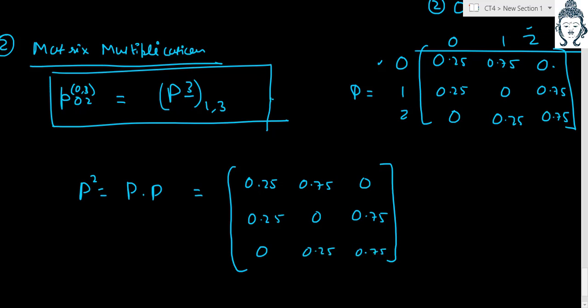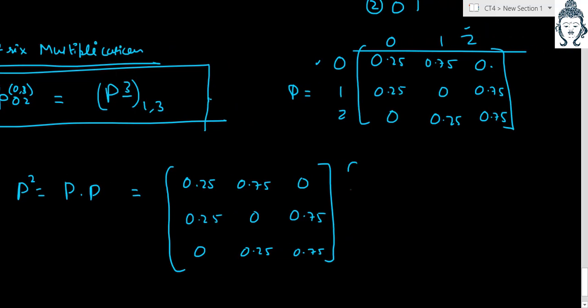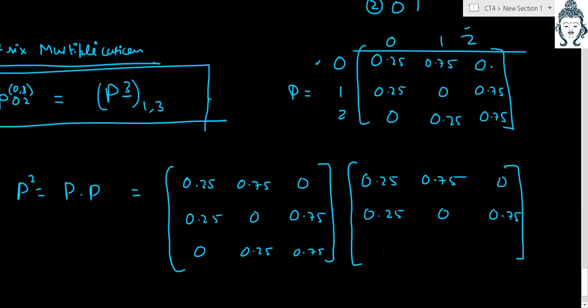This is another method that I can use, matrix multiplication. I'm calculating P square first and then I'll calculate P cube. So I'm just multiplying these two matrices.